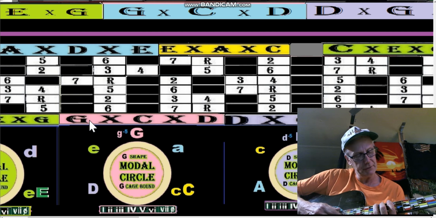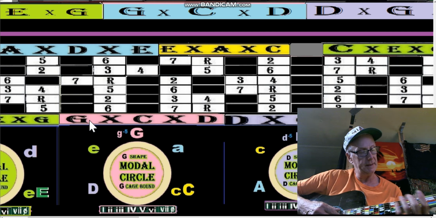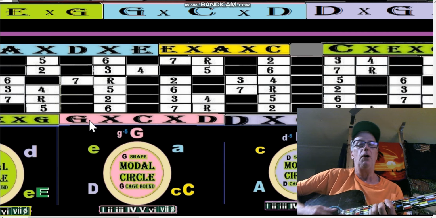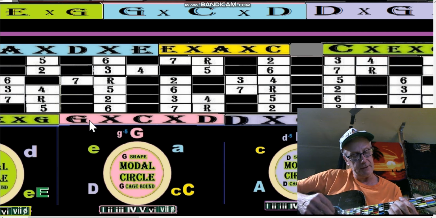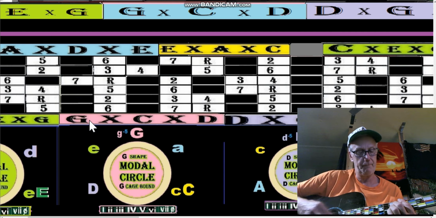I know it sounds cruddy, so we could play that G shape down here, right? Actually the C shape. We could play that as an A shape down here and do one of these. We're going to do the S5L in the G shape.